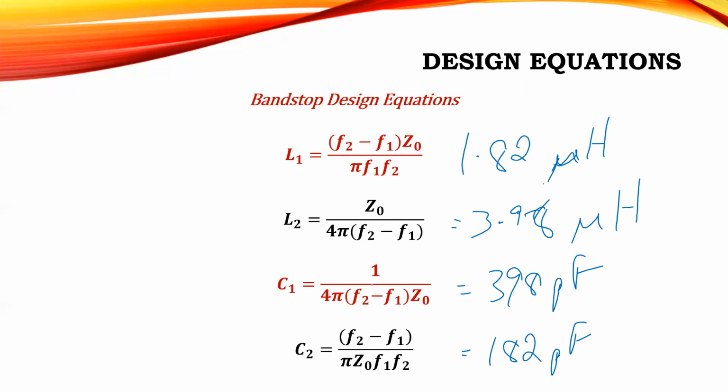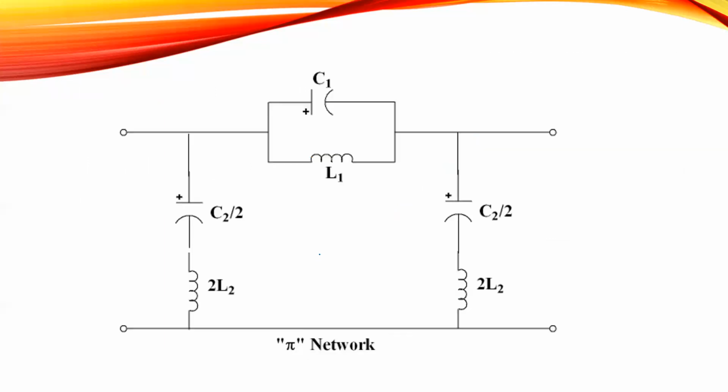We now go to the band reject pi: we divide the C2s by 2 and multiply the L2s by 2. And of course, we have C1 and L1.